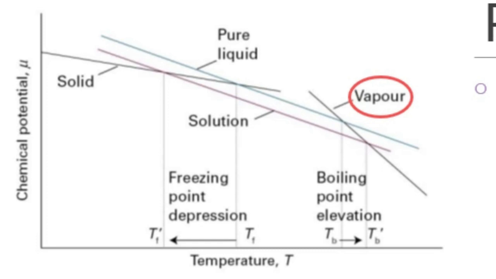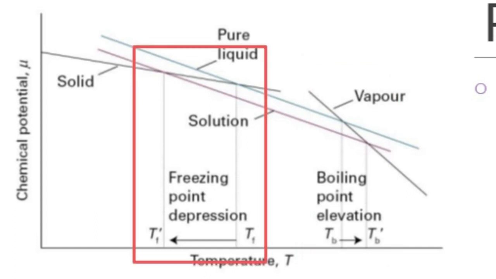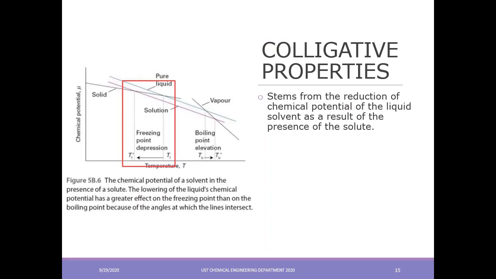The lowering of the liquid chemical potential results in the liquid-vapor equilibrium occurring at a higher temperature, or the boiling point increases, and the solid-liquid equilibrium occurs at a lower temperature, thus decreasing the freezing point.